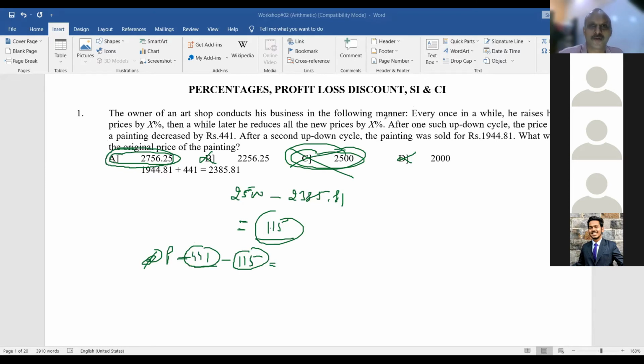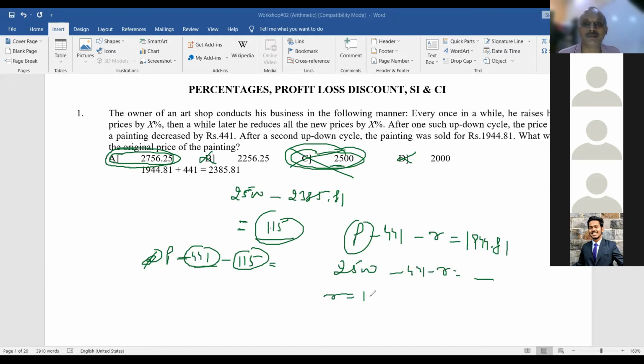Let me repeat the last one, 2385.81. Initial price was P, which I want to find out. After the first reduction, which was 441, this is the price. The second reduction is, let's say, R, and that gives me 1944.81. I am saying if the price was 2500 initially, then R will be approximately 115.